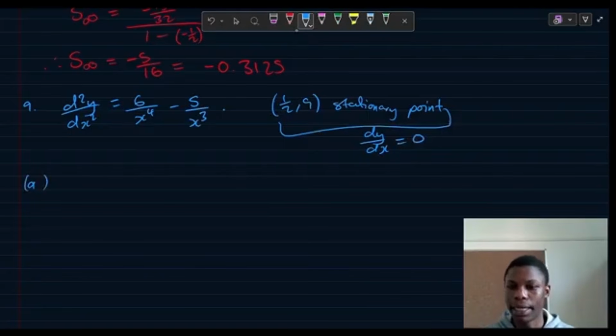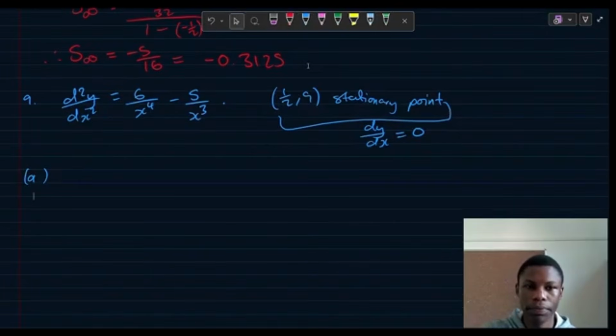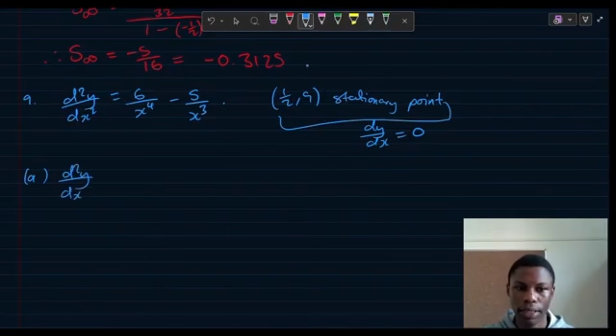And then in part A, they say use the expression for d squared y dx squared to determine whether the stationary point is a maximum or a minimum point. Okay. So here we're just evaluating our second derivative at the stationary point. So we're evaluating the second derivative at x is equal to 1 over 2.